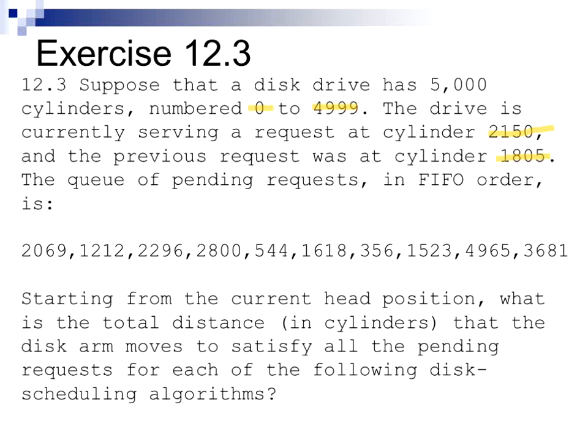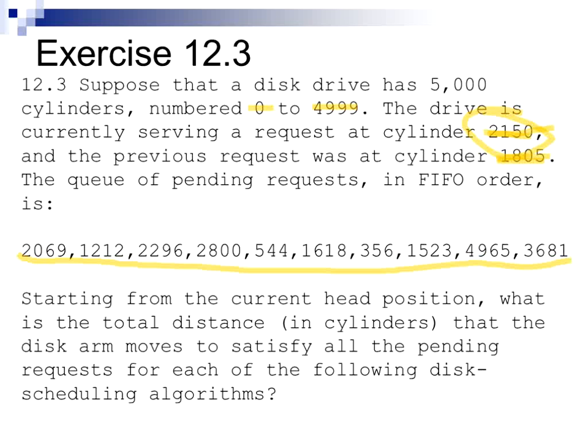So to get back to the homework assignment, sorry for that little diversion, but realize that it already read cylinder 1805, it's now at 2150, and now you want to determine how it is going to read these cylinders depending on the algorithm. So you want to assume that it's starting at 2150 and it just came from 1805, so you know it's moving from the lower numbers to the higher numbers. And then you want to calculate that distance for all the different algorithms.